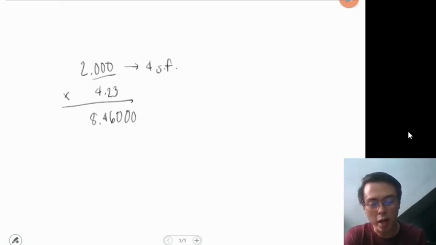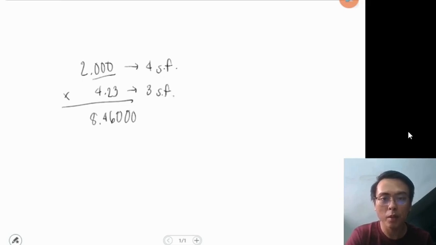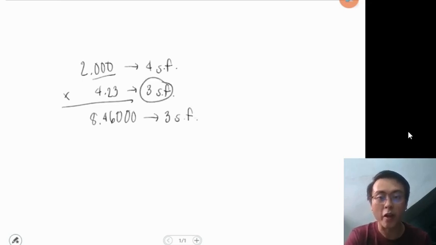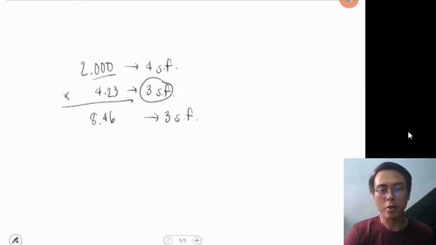Your second given has 3 significant figures because they are all non-zeros. Therefore, in the final answer, we should only have 3 significant figures. That is the least of the two. Therefore, the final answer should only be 8.46.